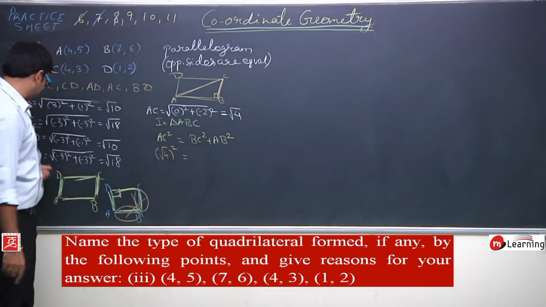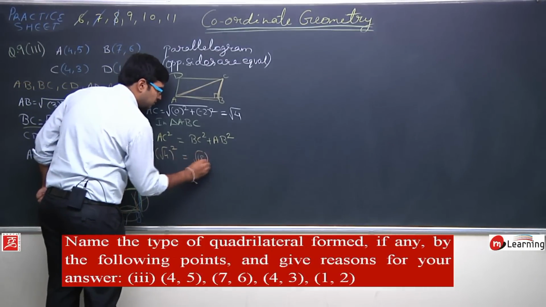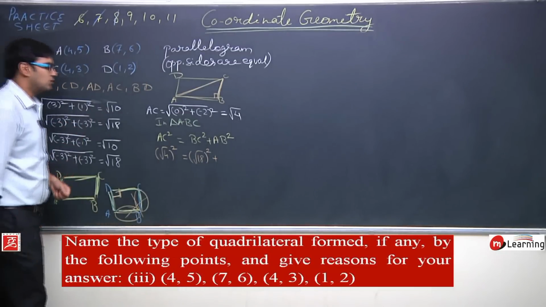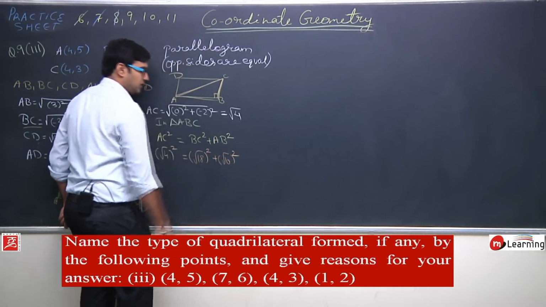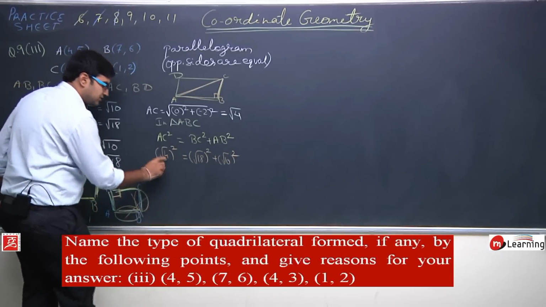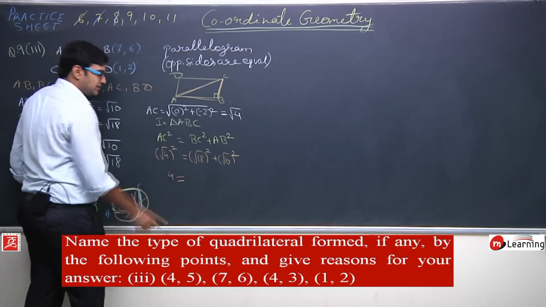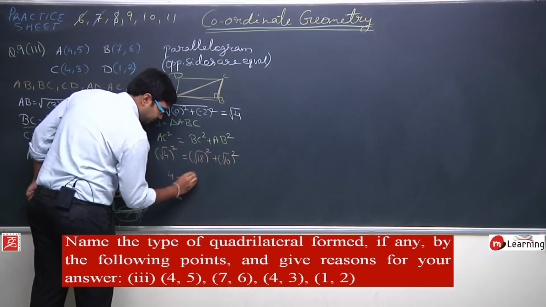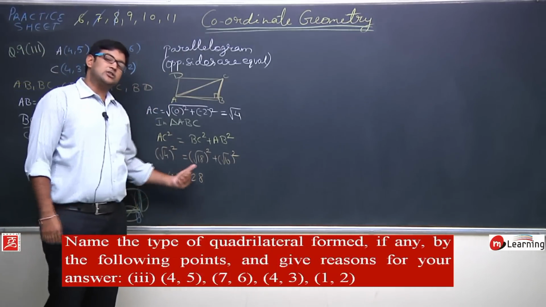The length of BC is square root of 18, so square root of 18 whole square, plus the length of AB, which is square root of 10, squared. So this will give you 4 on the left side, and 18 and 10 on the right, and 18 and 10 is 28. Is 4 equal to 28?